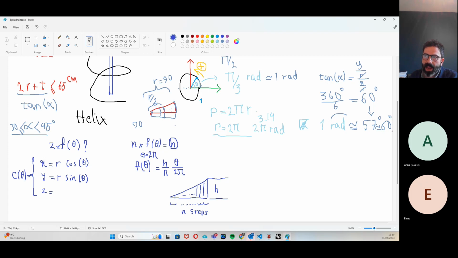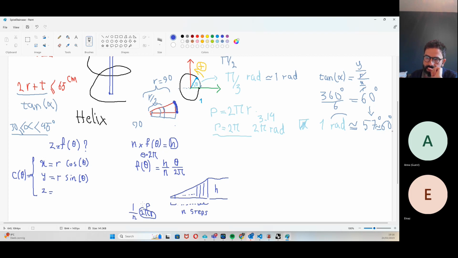Okay. And I have to measure the steps, the step threads here. Okay. So each of them is going to be 1/nth of the 2 times pi radius, or 1/nth of the perimeter of one circle.